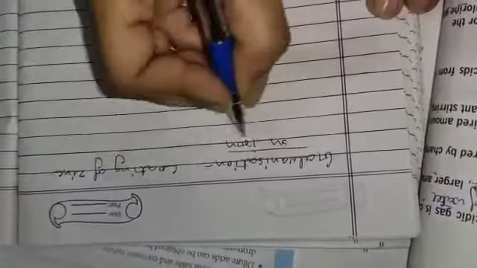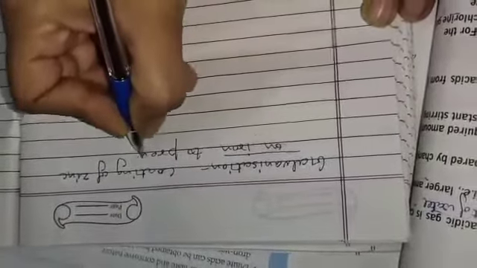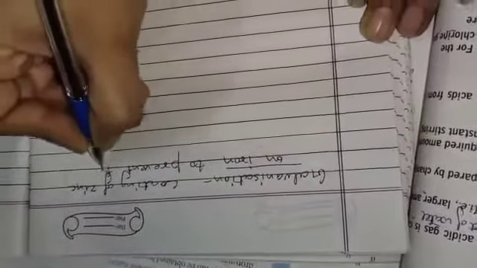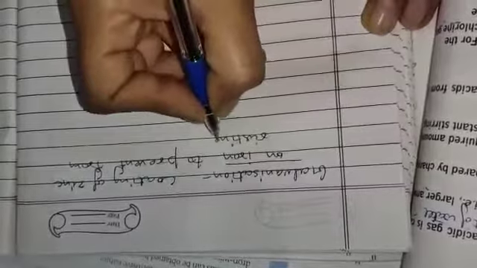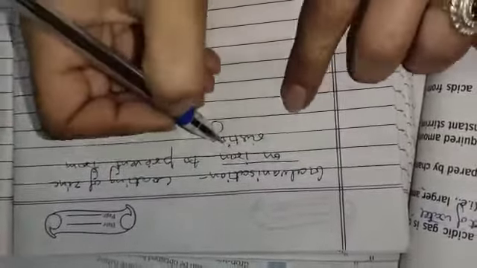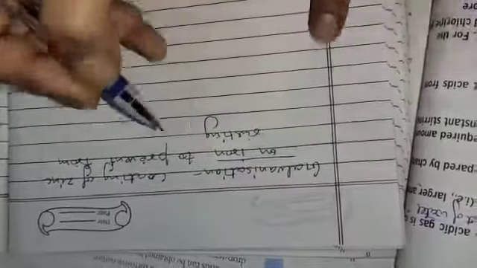Why are we coating zinc on iron? To prevent rusting. This process is called galvanization. Before galvanization, we clean the iron, how? With the help of hydrochloric acid. For cleaning iron sheets before galvanization, we use hydrochloric acid.